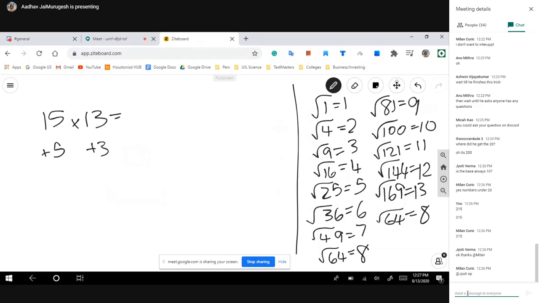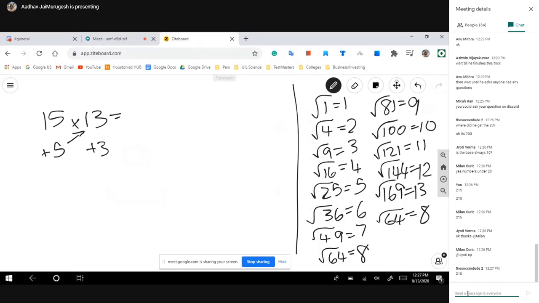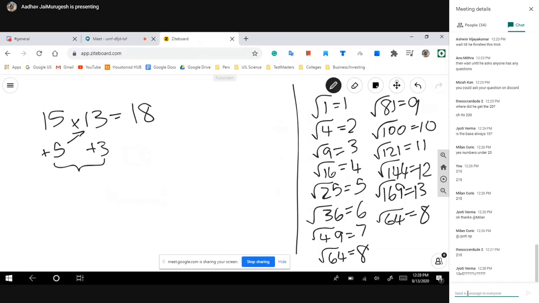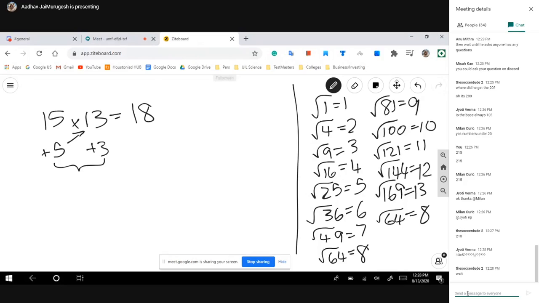So you're going to use only one of these. I'm just going to choose to do 13 and 5, which is going to give you an answer of 18. Let's put an 18 up here. Then we're gonna take these two numbers and multiply them by each other, which is gonna give us an answer of 15.